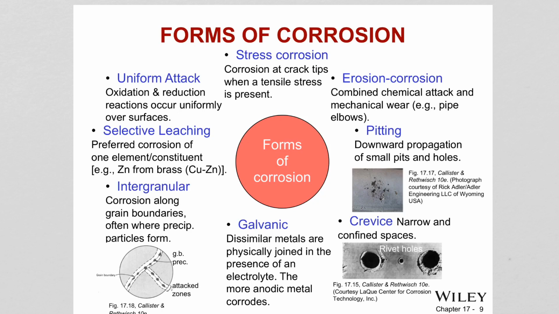Intergranular corrosion. Microstructural features like grain boundaries can give rise to galvanic corrosion within a single piece of metal. Grain boundaries are generally anodic with respect to the grain, hence it corrodes more rapidly. That's why, for example, a fine grain size will lead to higher corrosion rates.